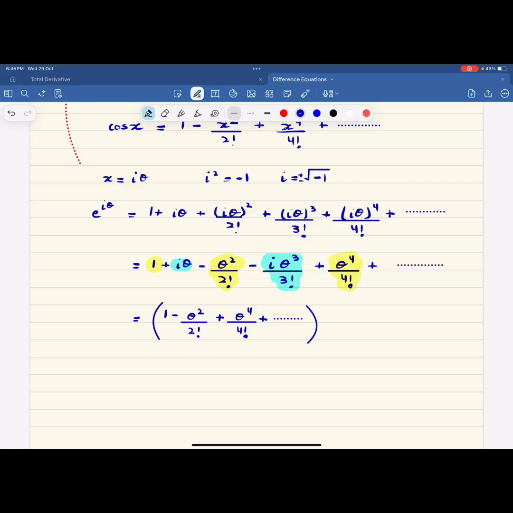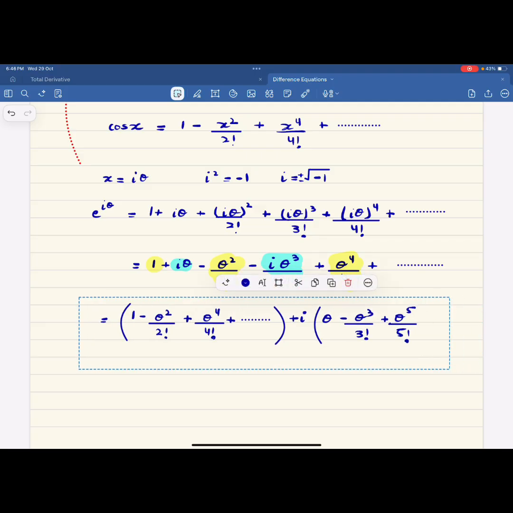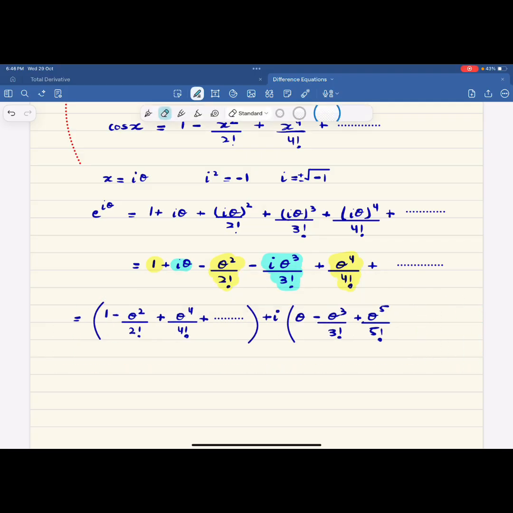After this, I'll take the imaginary i out as common, and I'll be left with theta minus theta cubed over 3 factorial, and we can guess that this is going to be plus theta to the 5 over 5 factorial, and so on. So I'm just going to make a dotted line here and then close the bracket.